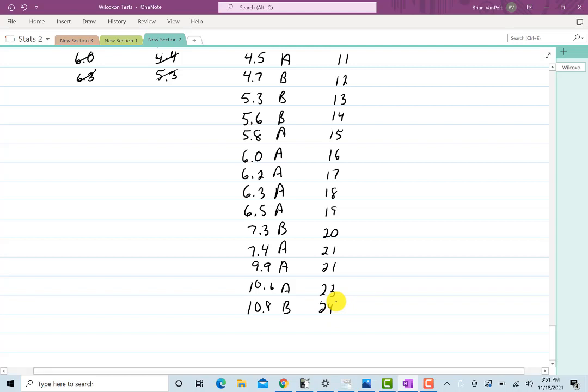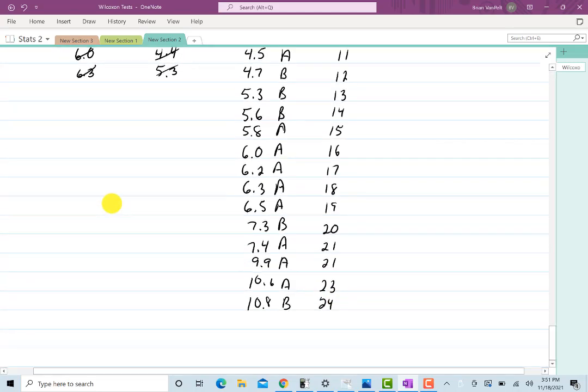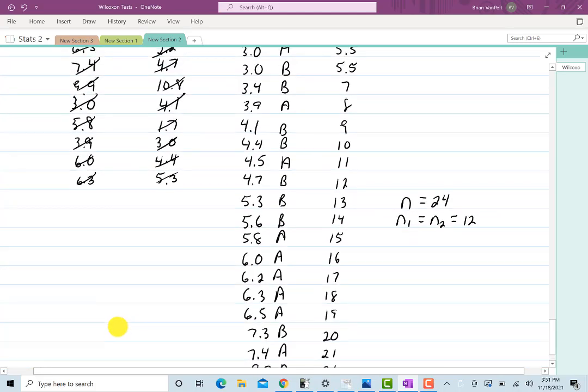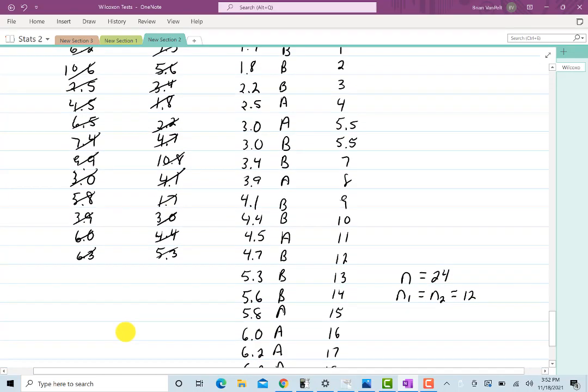Now what you want to do is look at the rankings of A versus the rankings of B. Both sample sizes are the same. If you notice, we've got no zeros to worry about here. The total sample size is 24, and each of the samples is 12. So in this situation, it doesn't matter which one's smaller because they're equal to each other. I'm going to gather up all the rankings for A and let them represent n1 material.